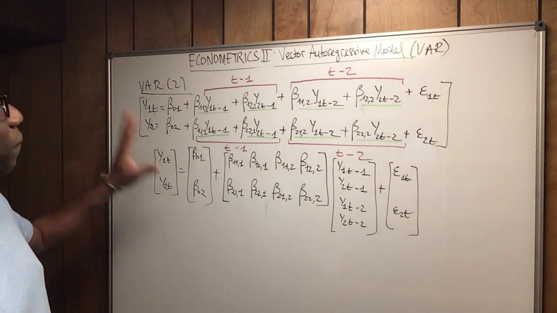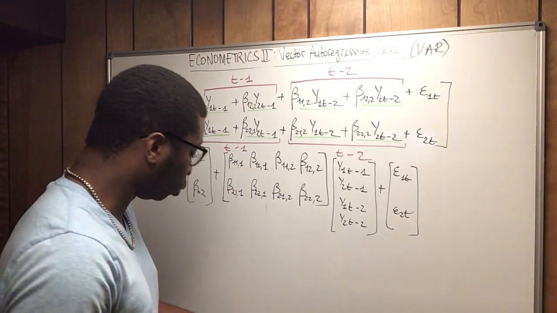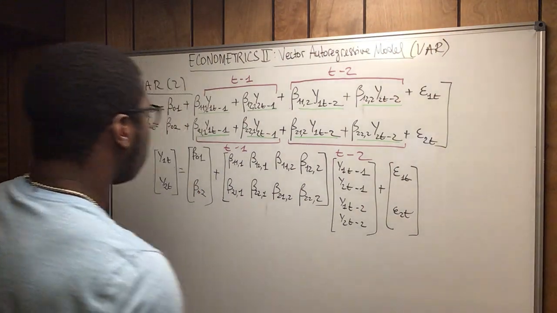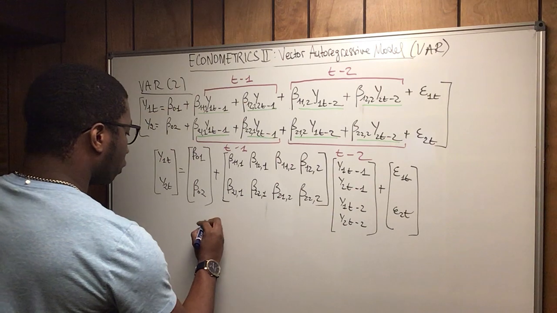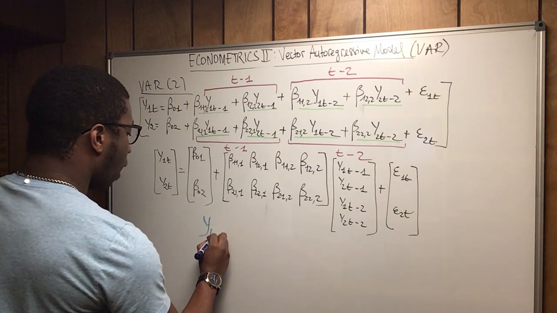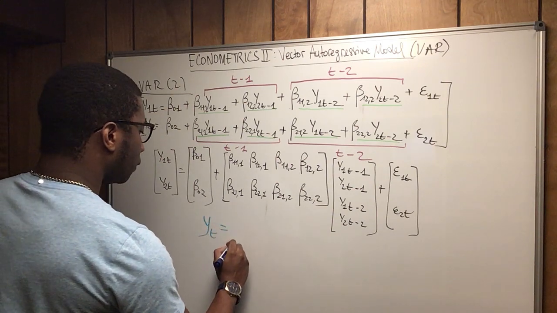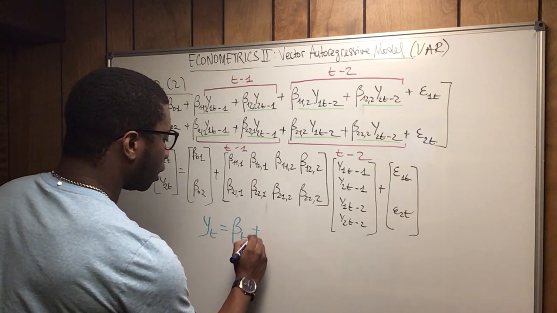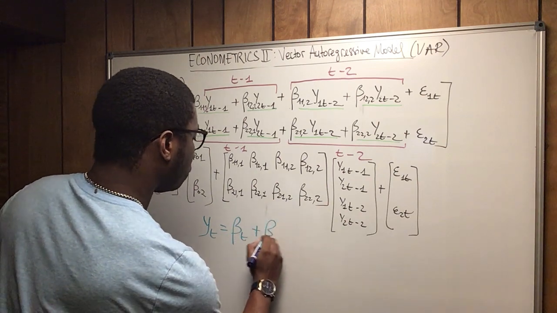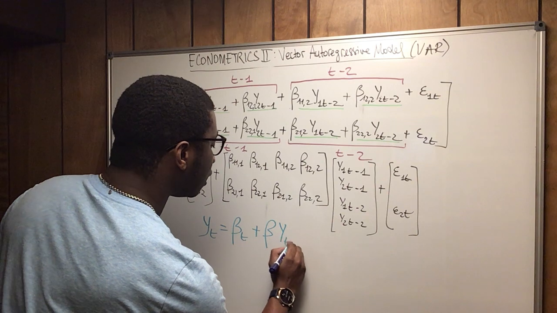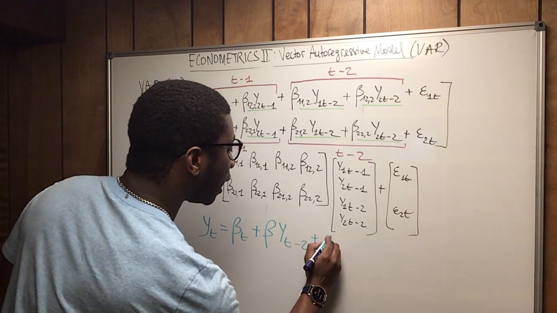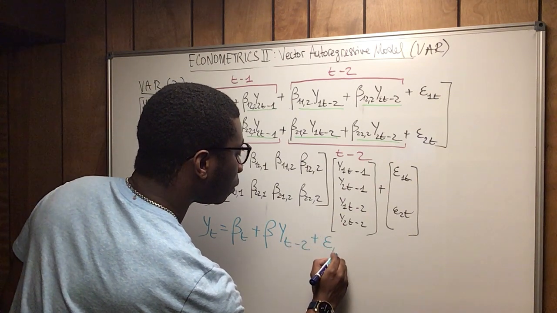So this is the Vector Autoregressive Model 2. And let me write the compact form now with the same process. Big Yt equals beta 0 plus beta Y t minus 2 plus epsilon t.